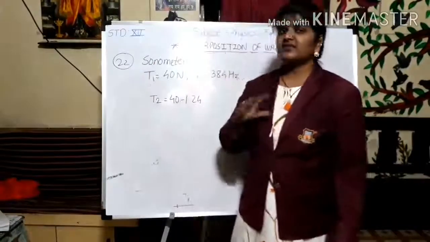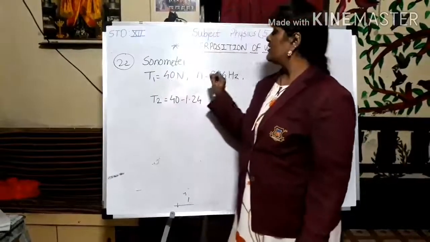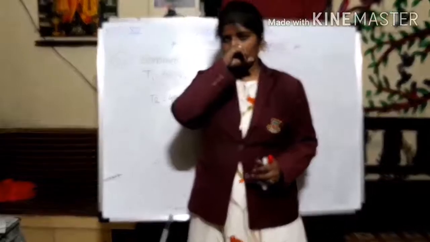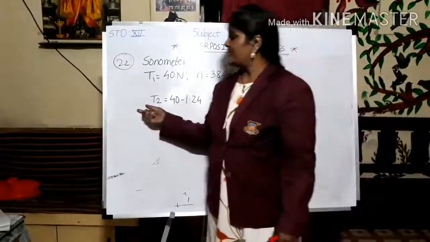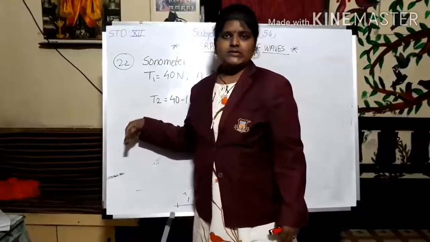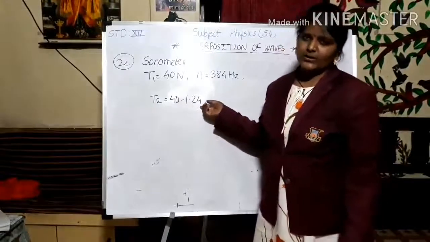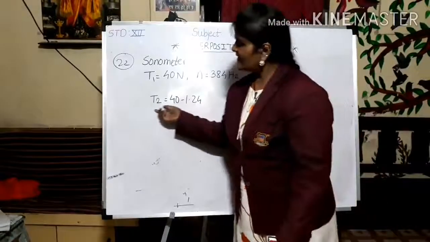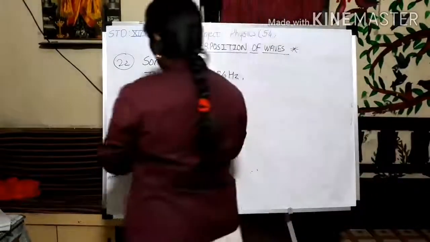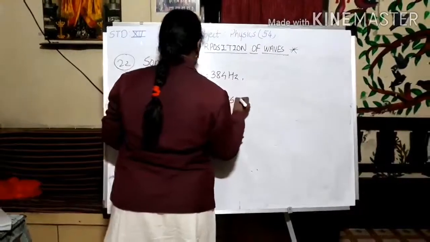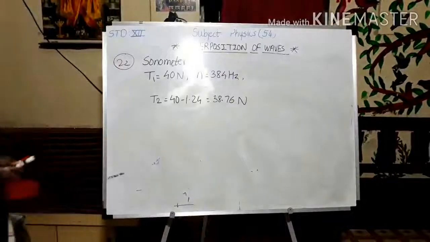It is given that it is a sonometer. The tension in that sonometer is 40 Newton, and the sonometer wire comes in unison with the frequency of 384 Hertz. Then the tension applied the second time is decreased by 1.24 Newton. So I have directly written this as T2 is equal to 40 minus 1.24, which is 38.76 Newton.